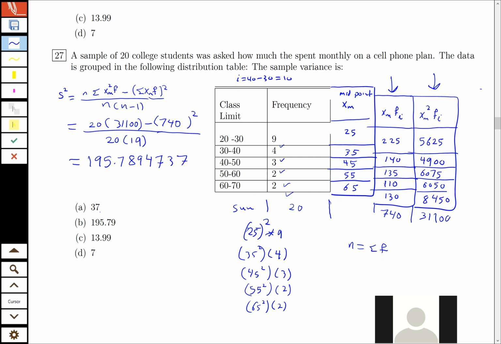If you look in the choices, you have 2 digits. So if you go to 2 digits, you look at the third digit. If it is 5 or more, you add 1 here. So it will be 195.79. So the answer will be B. That is the variance.